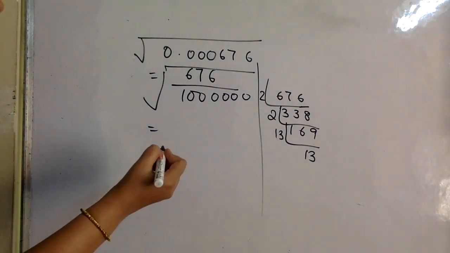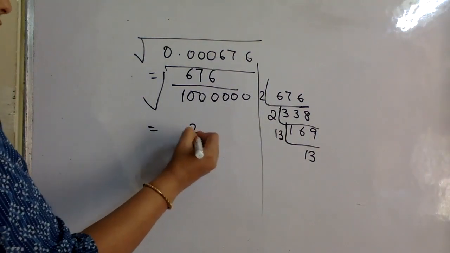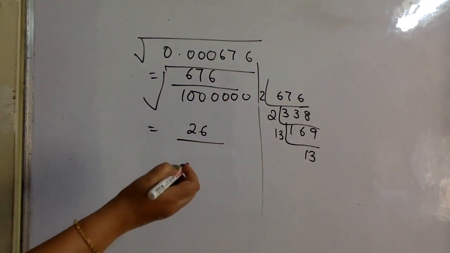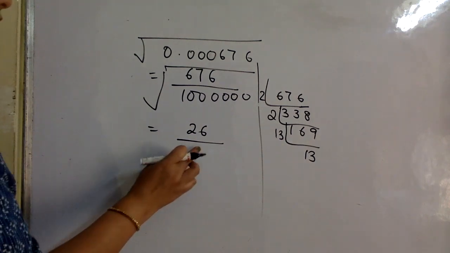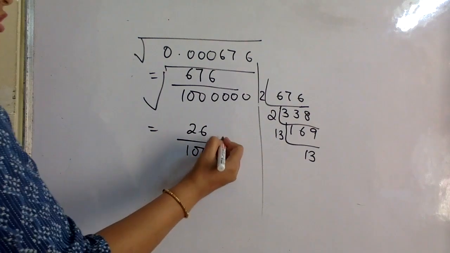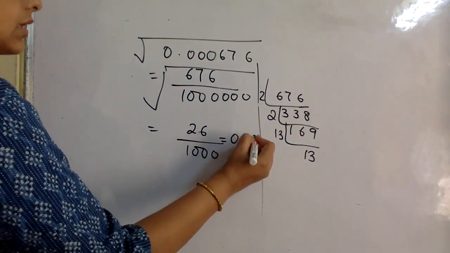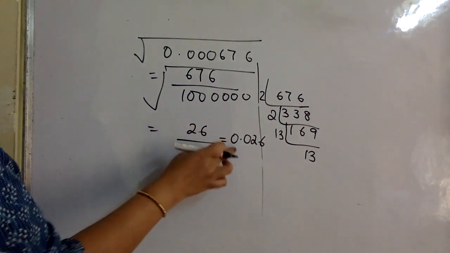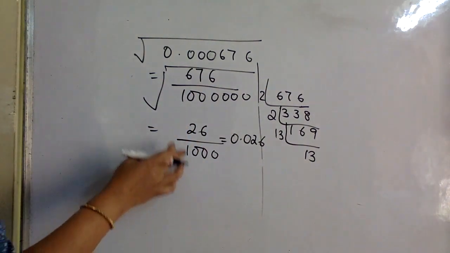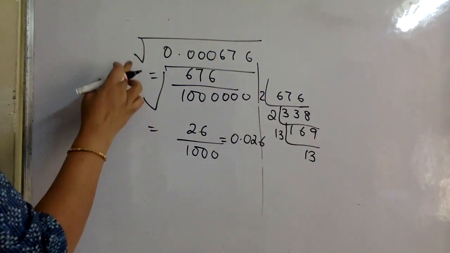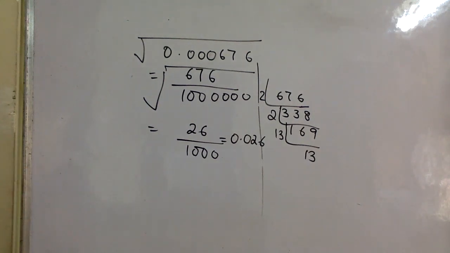So here if I write 26, 13 into 2, that is 26. And once we have written the 26, below we are going to find the square root. We don't have to work for this, only this. So our answer is 0.026, that's all. We have divided 26 by this and given a decimal answer only. So this way you can find the square root of this kind of a decimal number.